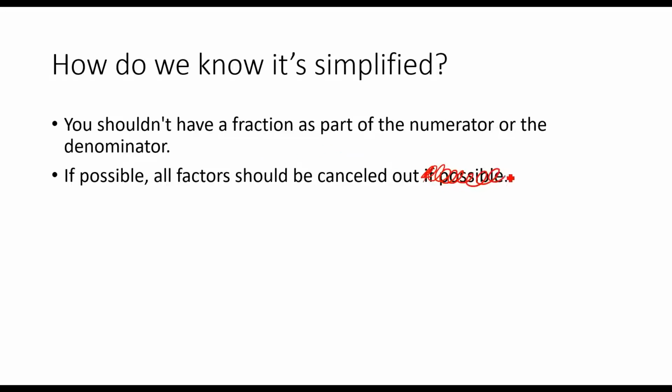Excuse this redundant statement right here. So if possible, all factors should be cancelled out. What do I mean by that? Well, if you have 2 times (x plus 1) divided by (x plus 1) times (x plus 3), because you have x plus 1 on both the top and the bottom of that fraction, you should cancel those out. Those factors should be cancelled out every time.